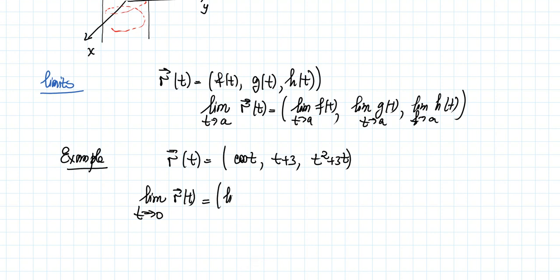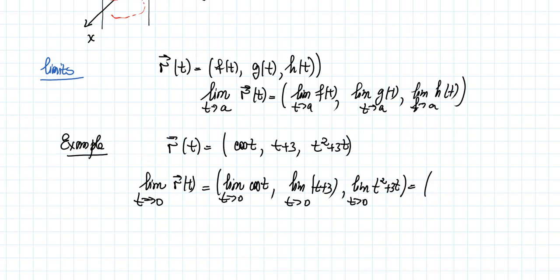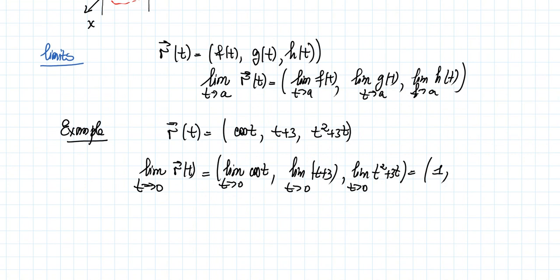So we find the limit of cosine of t as t goes to 0, the limit of t + 3 as t goes to 0, and the limit of t² + 3t as t goes to 0. What is the limit of cosine of t when t goes to 0? 1. What is the limit of t + 3 where t goes to 0? 3. And what is the limit of t² + 3t where t goes to 0? It is 0. This is how we're going to find the limits of the vector function.